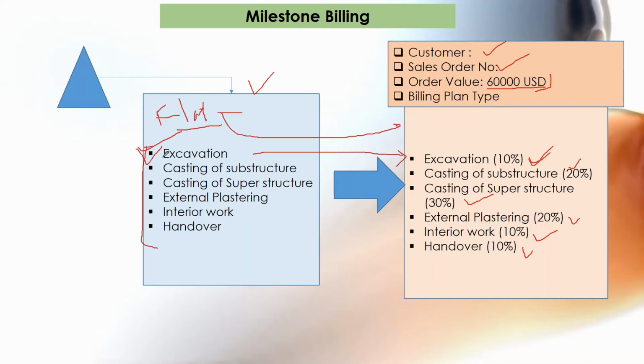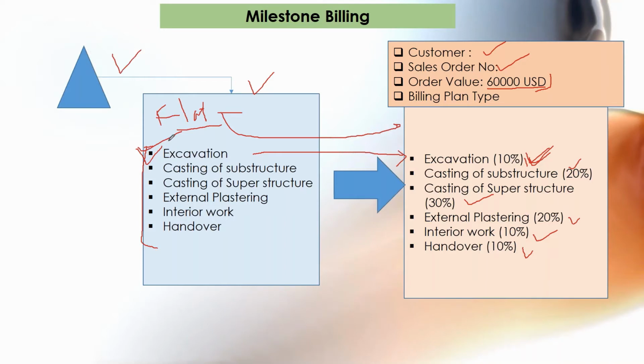Whatever activities they have, the manager has to confirm the activity, and then it will trigger a workflow, or one notification to the accounts department, that this particular activity has been done and please initiate the next billing. Similarly, casting of substructure, casting of superstructure, external plastering, interior work, and handover, all these activities with milestones will be created in the project system. So we will start to understand this business process from the project system side.